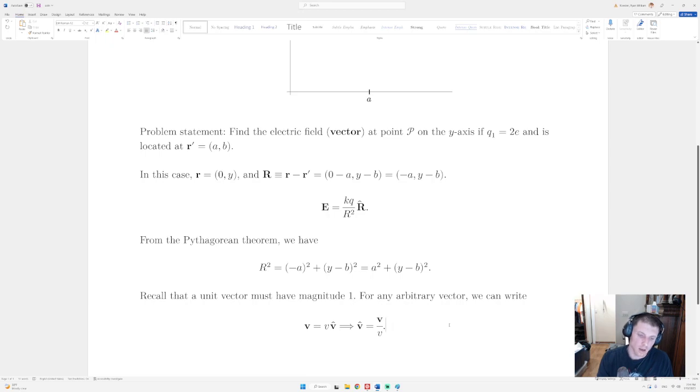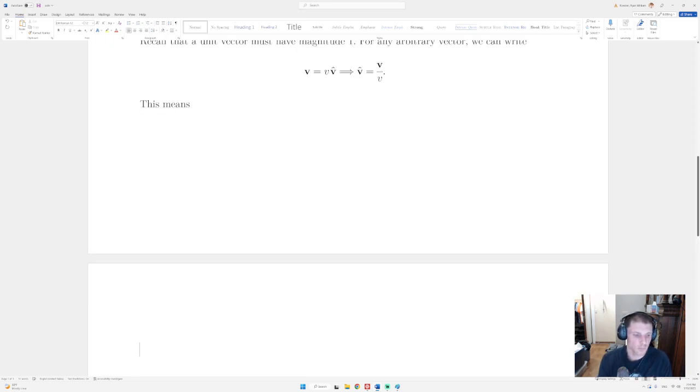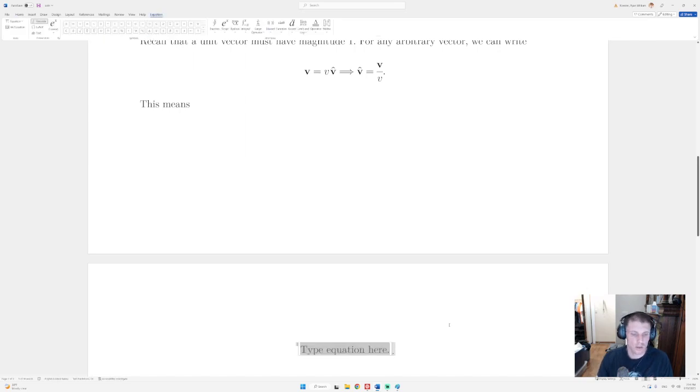I will say then that this means, and I'm going to try to do this from memory, that r hat, and this will probably be a disaster but it's okay, is just going to be r over r. Now this is r, the vector, and this is the magnitude of r.